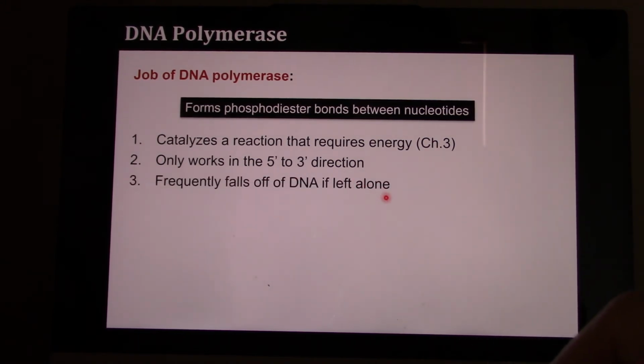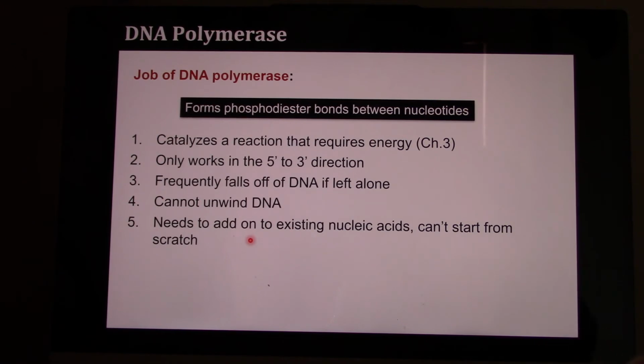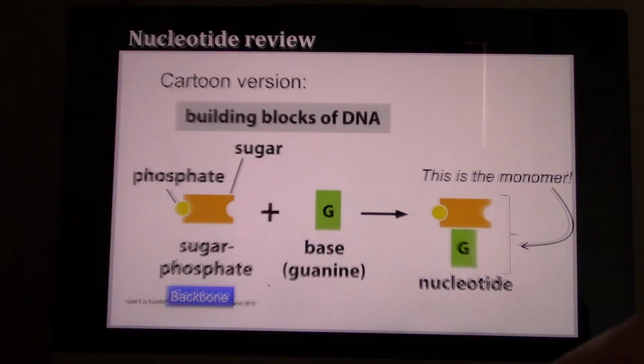It frequently falls off the DNA if left alone. It cannot unwind DNA, it just doesn't, at least not in prokaryotes. It needs to add on to existing nucleic acids. It can't start from scratch. And it has proofreading activity.